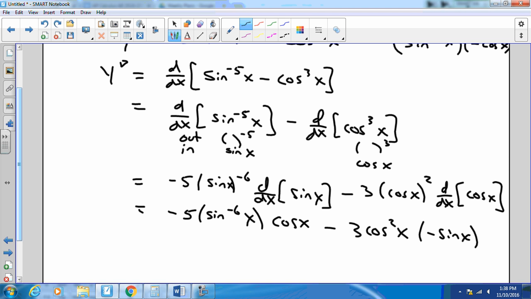And the derivative of cosine x is negative sine x. See the parenthesis right there? So we are indicating multiplication, and negative times a negative is a positive, so that when this all cleans up, we get minus 5 sine minus 6x cosine x plus 3 cosine squared x sine x.